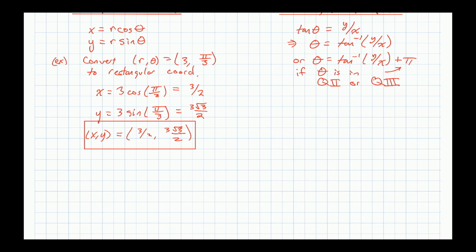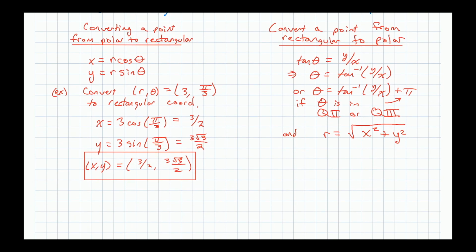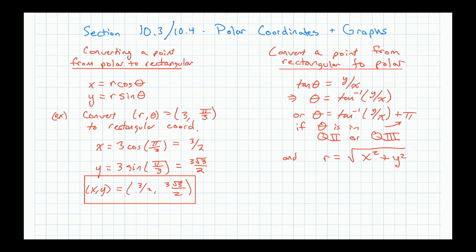You use that to get the theta, and then getting the r is easy at least. r is going to be the square root of x squared plus y squared. I don't really want to do an example of that right now, but you can watch the previous lecture for that.